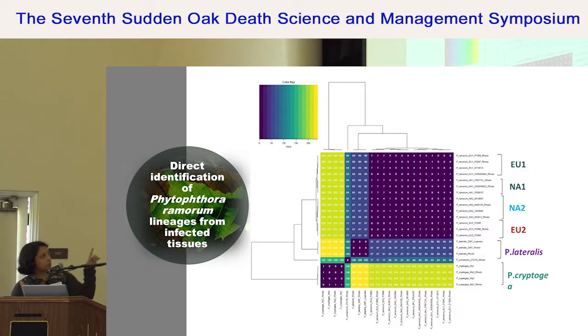As you can see, the isolates of the same lineage are grouped together, and it also brings up the relationship between them. The black region represents less than 15 nucleotide differences, and the blue is about 50 to 100 single nucleotide polymorphisms, and more than that is yellow and green. So it shows that Phytophthora lateralis is a lot closer to the lineages compared to Phytophthora fructosa.